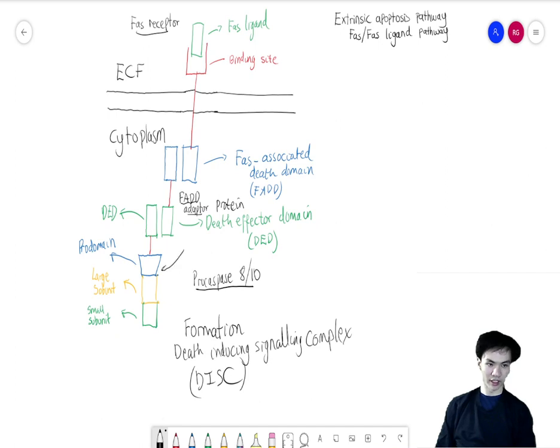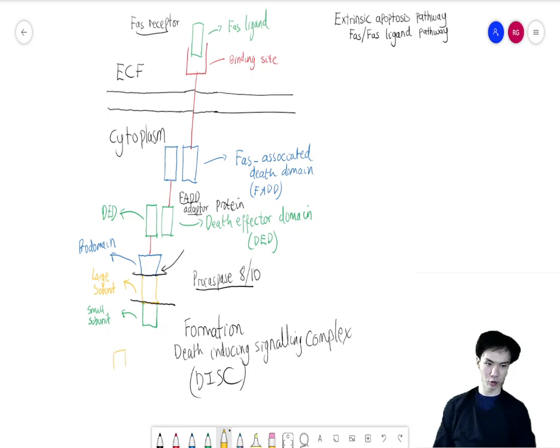So it will cleave here, the cleavage site between the pro domain and the large subunit, and between the large subunit and the small subunit. And that's how every pro-caspase is activated.